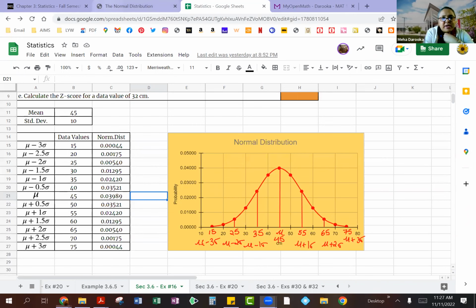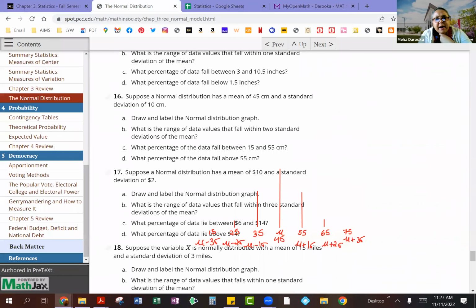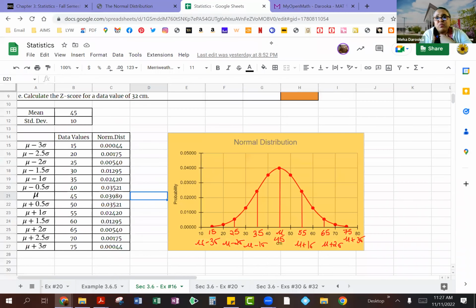Now our second question was, what range of data values fall within 2 standard deviations of the mean? So can you tell me what range of our data values fall within 2 standard deviations of the mean, which means 2 standard deviations below and 2 standard deviations above?